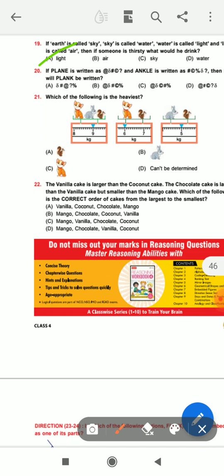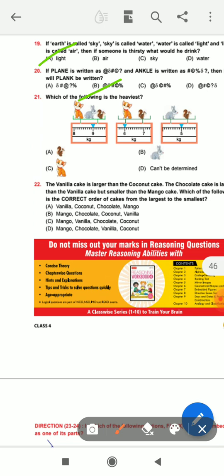If plan is written as at the rate, this question mark, and ankle is written this, then how is plank written? Option B is the correct answer. Okay, student. Next, which of the following is the heaviest?